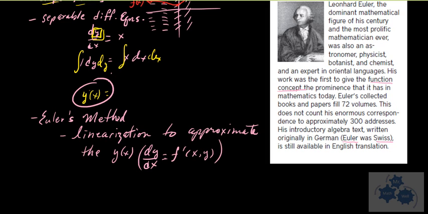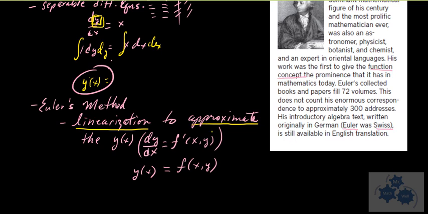So that's kind of what that is. So our dy dx is actually going to be just some function of x, y. Does that make sense? You have the derivative, and you've got your parent function. So we're going to approximate this. That's our big deal here. We're going to approximate it. And linearization, the method that we looked at before, is what we're going to do.